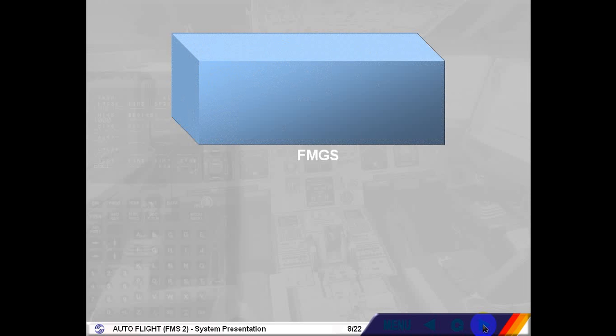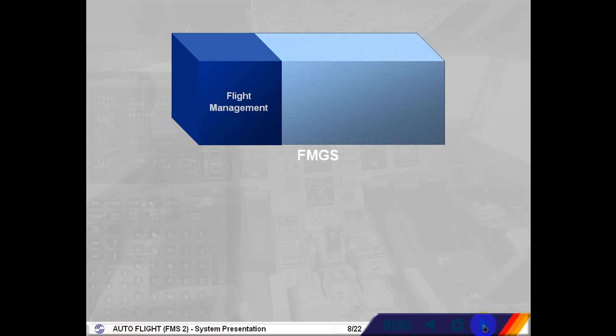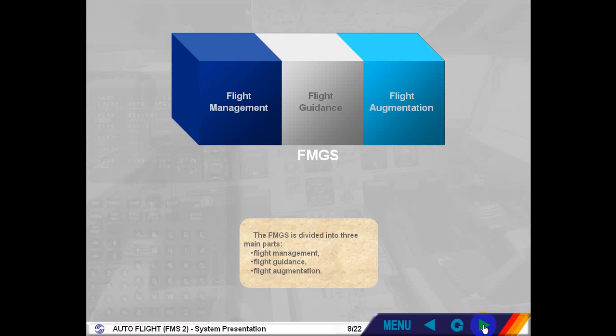The FMGS is divided into 3 main parts: flight management, flight guidance, flight augmentation.